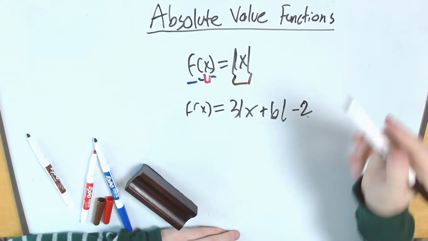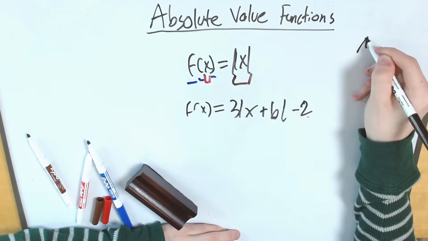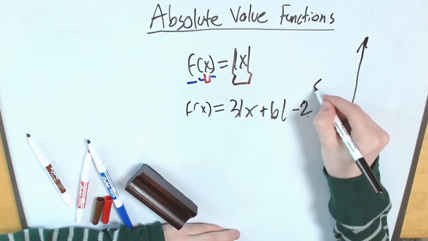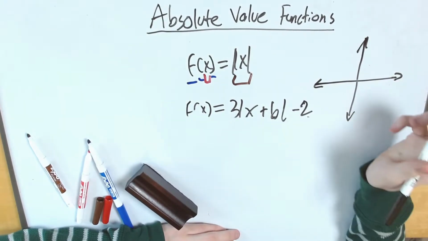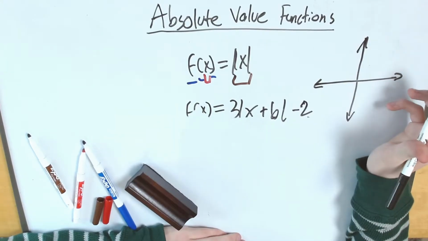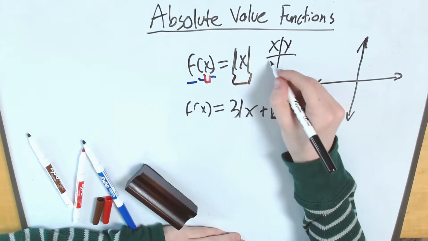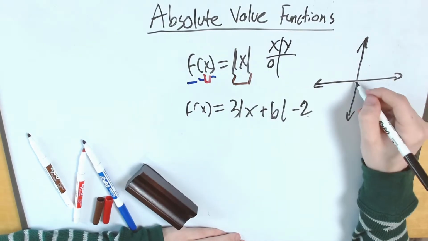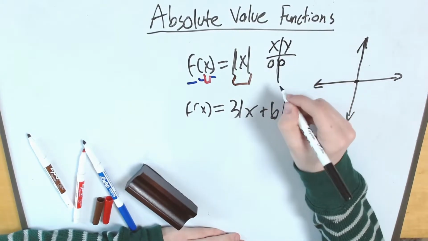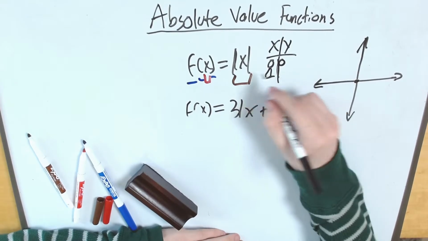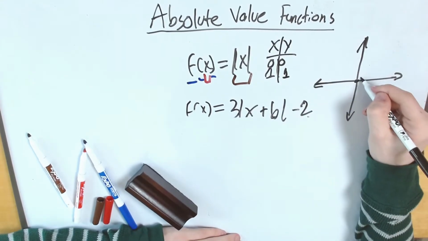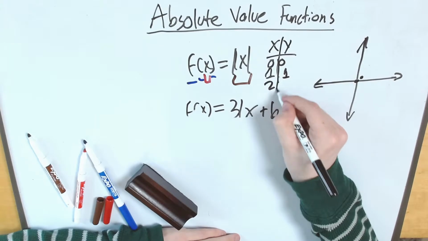I'll start off with graphing just the standard absolute value of x. To figure out its general shape, I'm going to plot some points. Let's say I want to graph 0, absolute value of 0 is 0. Let's say 1, absolute value of 1 is 1. 2, absolute value of 2 is 2.